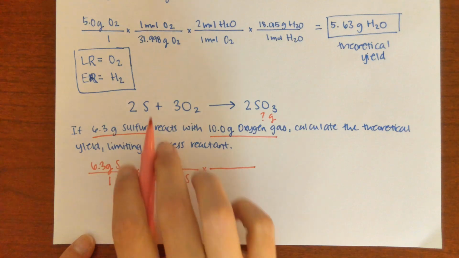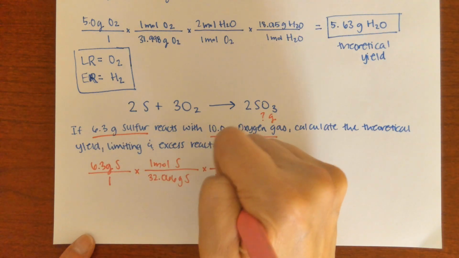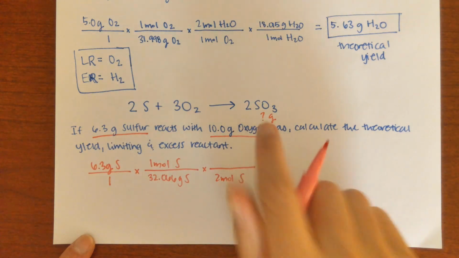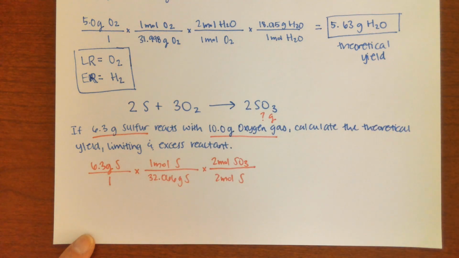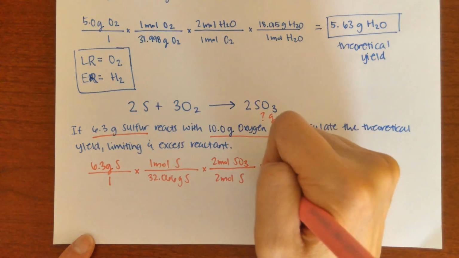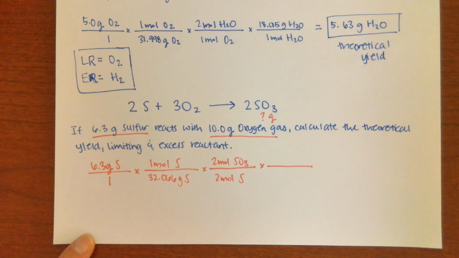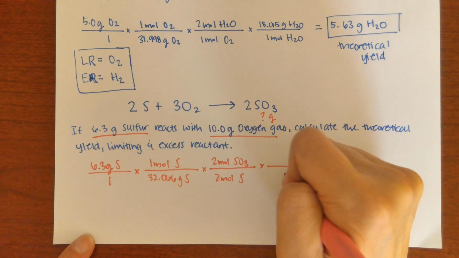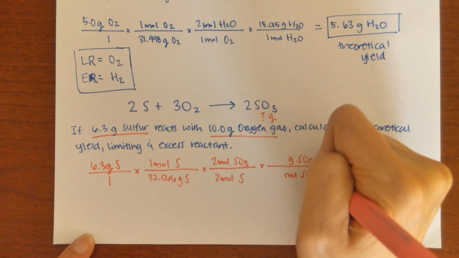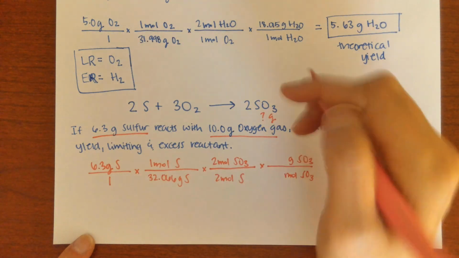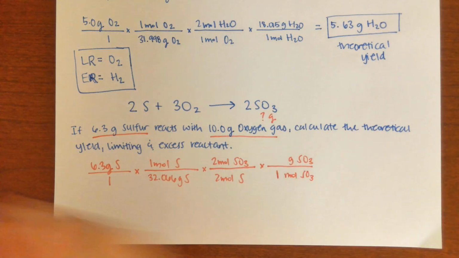Next up, we do mole ratio. We have 2 moles of sulfur and then 2 moles of SO3. Last step, we do mole of SO3 and then grams of SO3. Again, remember, grams of anything, opposite side, molar mass is always per 1 mole.